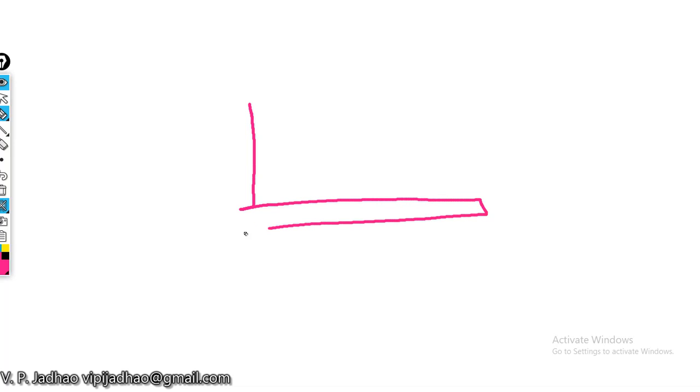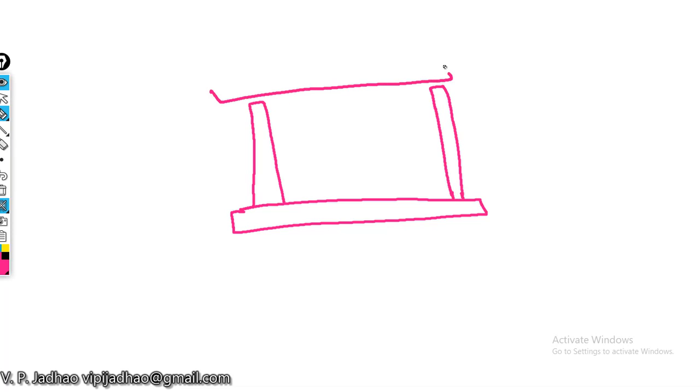There are basically three parts of any water tank. Actually I covered this portion in the first lecture, but as you have not gone through that lecture, I'll explain this in short. The first one is the base slab or base.